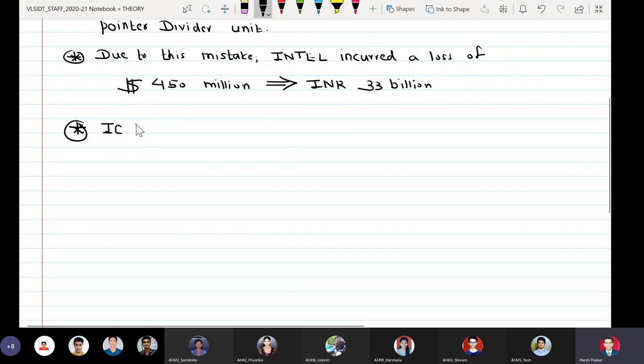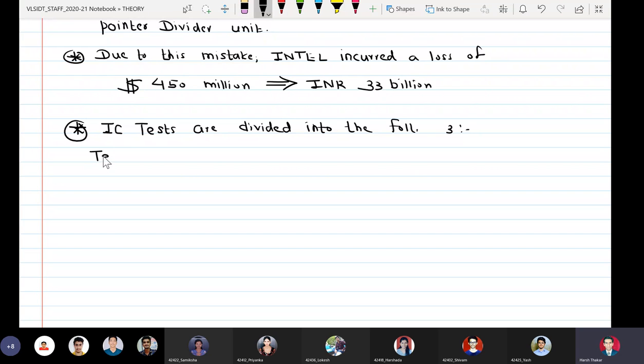We say that IC tests are divided into the following three.